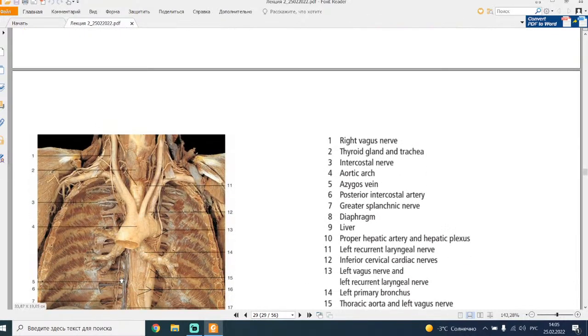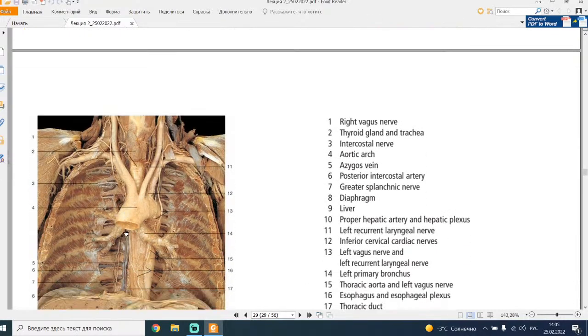What do you see? This is the ascending aorta, this is the arcus, the arch of the aorta. This is the brachiocephalic trunk. You see arteria carotis communis sinistra.